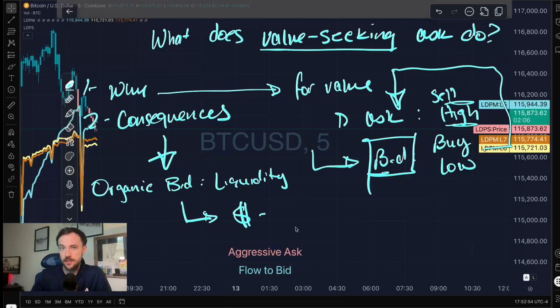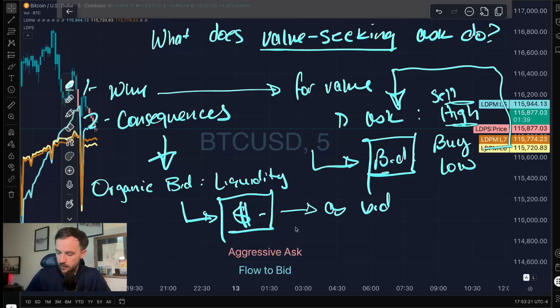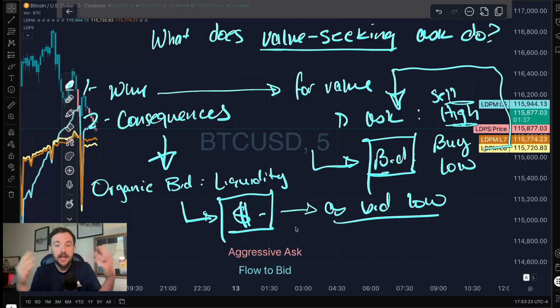As value seekers, if they see the ask moving to them and their time horizon isn't today, it's not tomorrow, it's not this week, it's years out in the future, it's only the right thing to do, if you are the supplier to demand, to use that to your advantage. That's kind of what capitalism is. So these moments will drive the price down, as bid low is the main supreme idea.